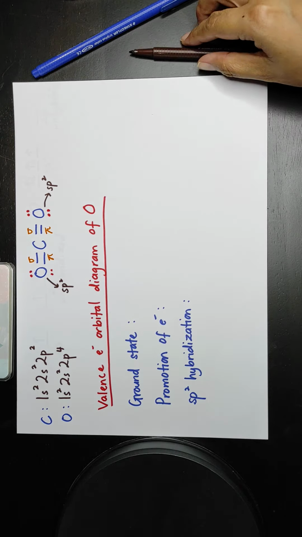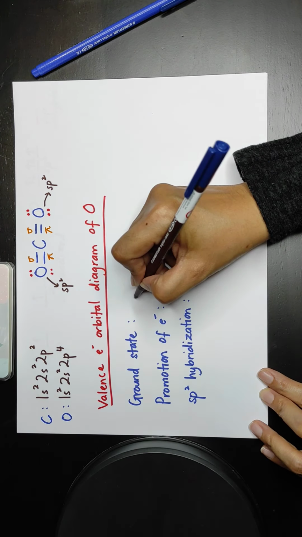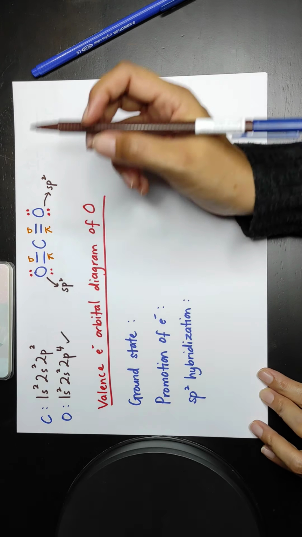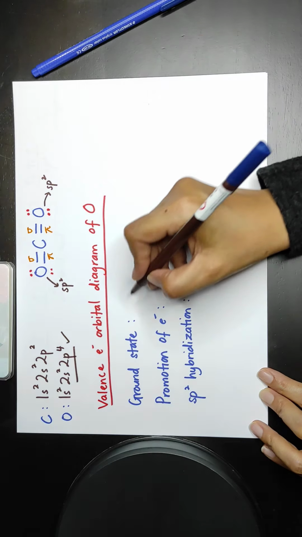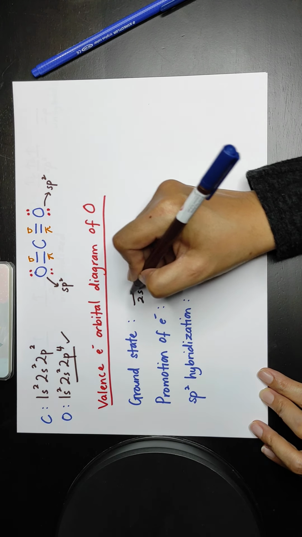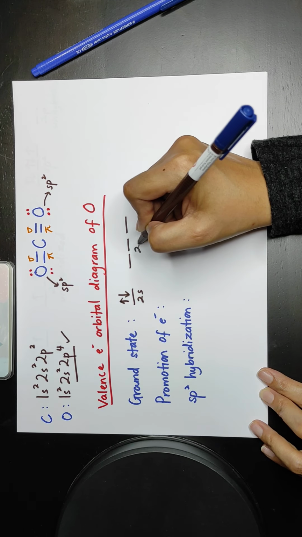Now by referring to the Lewis structure, in the ground state, refer to the valence electrons of oxygen: 6 valence electrons which occupy 2s and 2p.